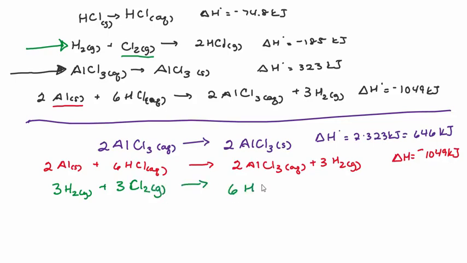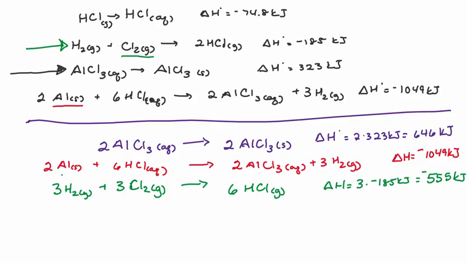So because I have to change my enthalpy now, I need to multiply it by 3 as well. So the energy contribution of this step is now a negative 555 kilojoules.